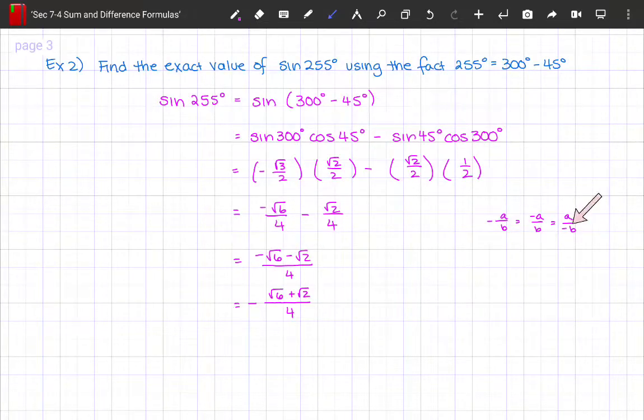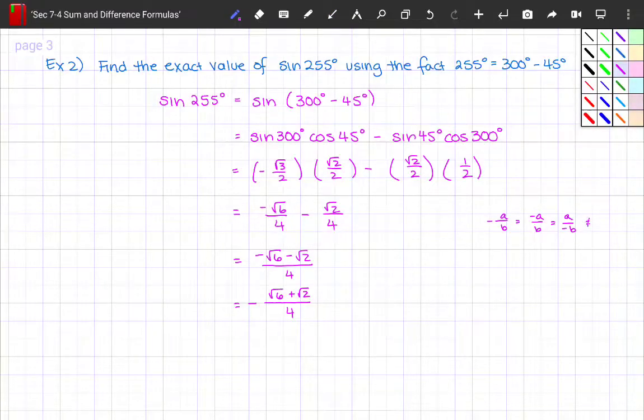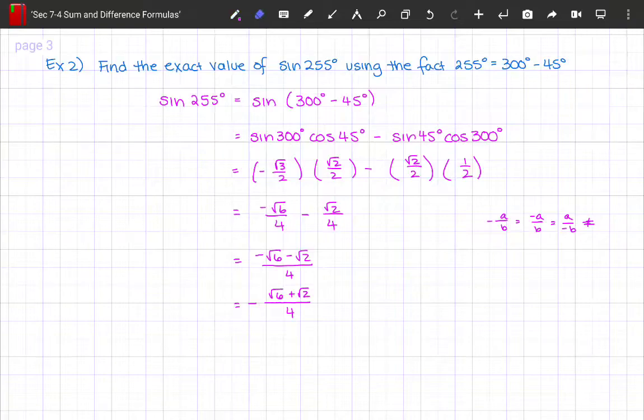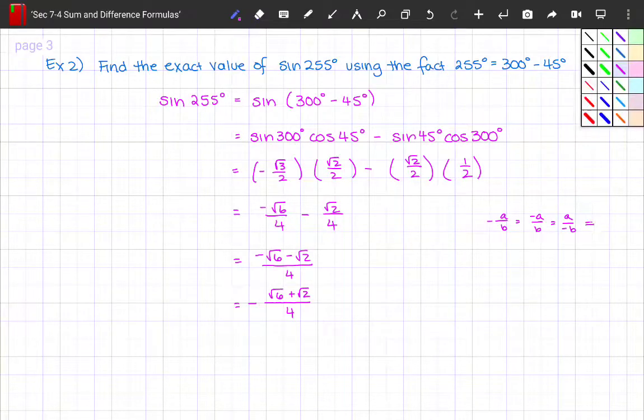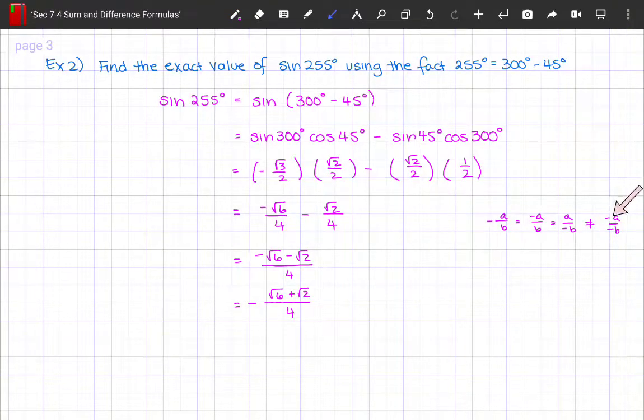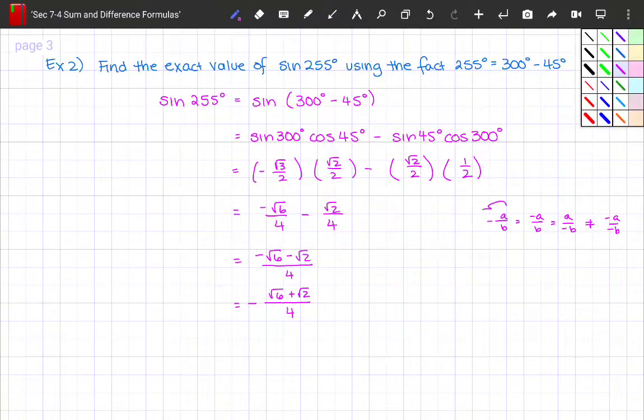A positive divided by a negative is negative. But this does not equal negative a over negative b, because a negative over a negative would be positive, not negative. So just be on the lookout for that.